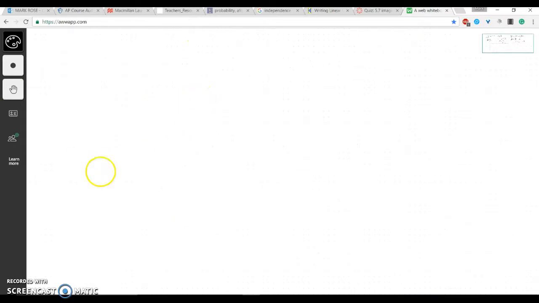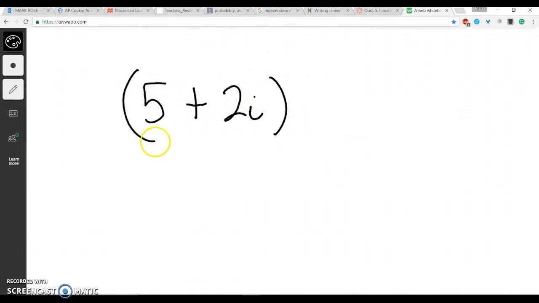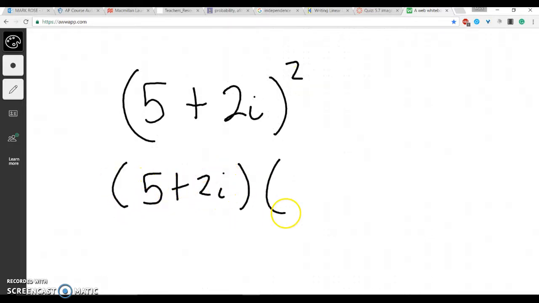Let's scroll down here and look at something else. Let's say I was given something like 5 plus 2i squared. The first thing that I'm going to do if I'm given 5 plus 2i squared is rewrite it like it should be, which is these two things times each other.